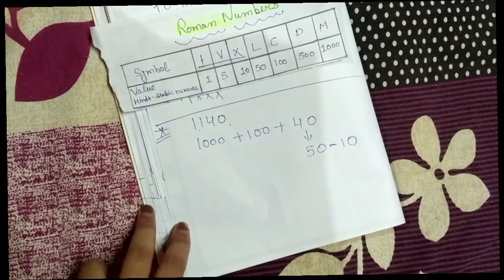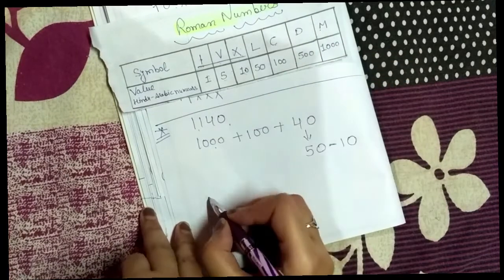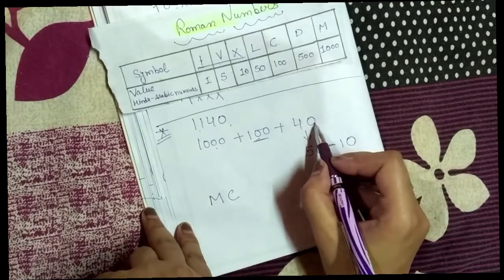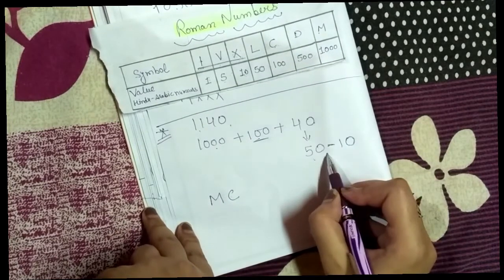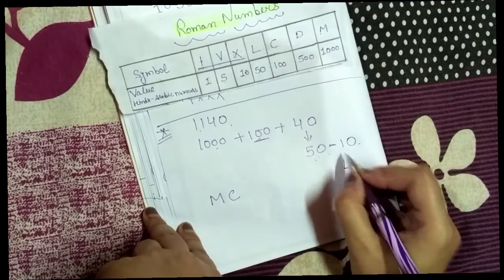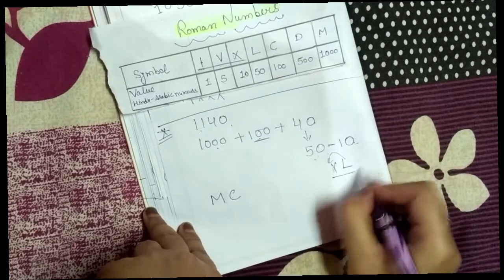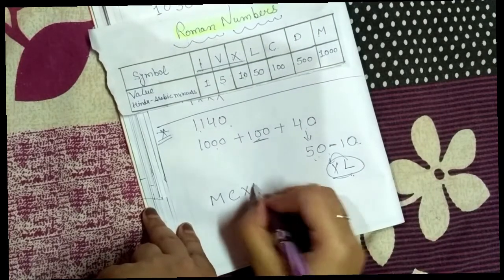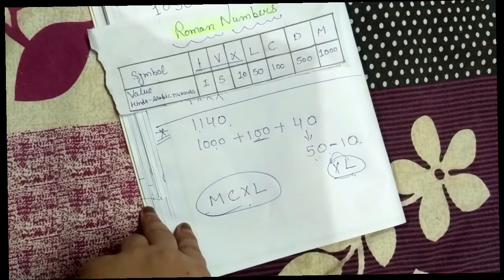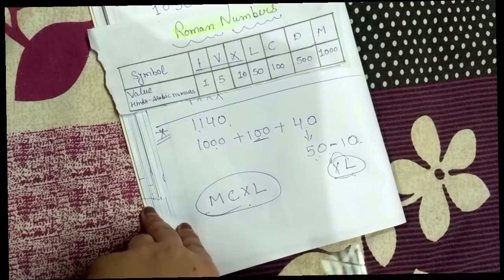For 1000, I am having a symbol that is M. For 100, I am having C. For 40, 50 minus 10. For 50, I am having L, and subtraction means I have to write left hand side X. So this is 40, XL. So this is the answer, MCXL. Very easy. नंबर को break करो and then उनके related symbols लिख दो.